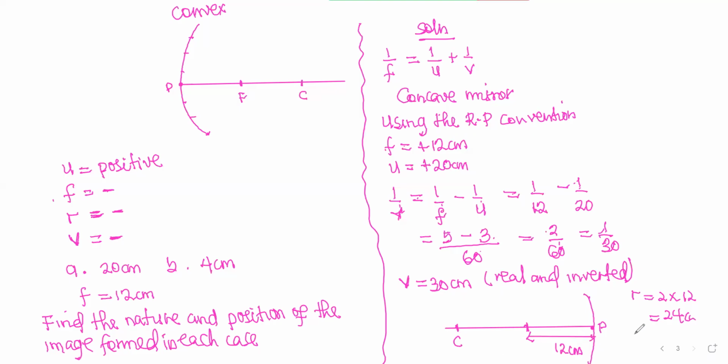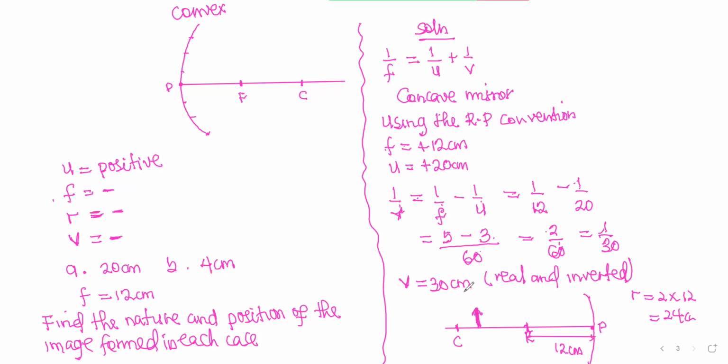Object distance is 20, so the object is between the center of curvature and F. And we saw that whenever an object is placed between C and F, the image is real and inverted.